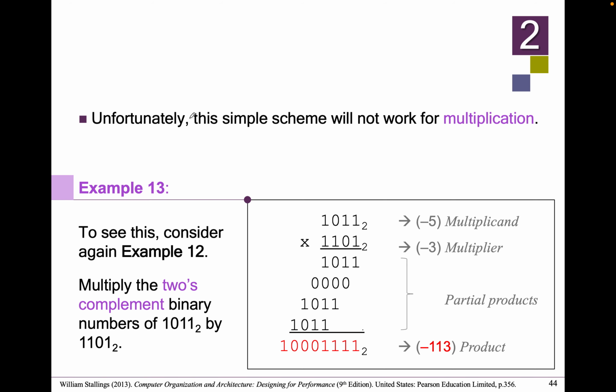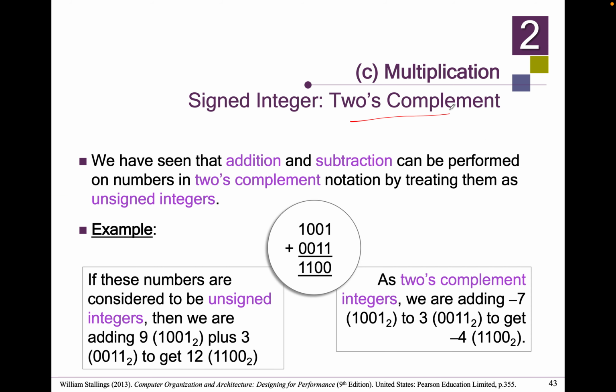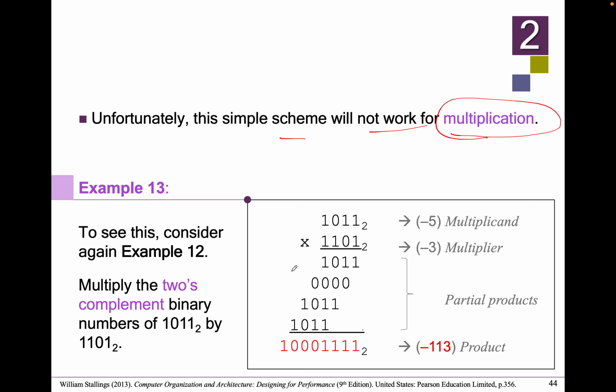Now, unfortunately, this simple scheme will not work for multiplication, especially for the two's complement. You can see the answer. Let's say you directly multiply a negative and a negative number.